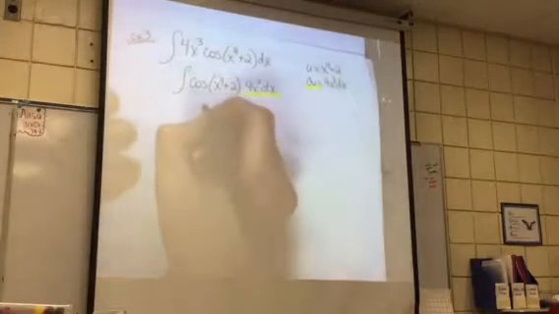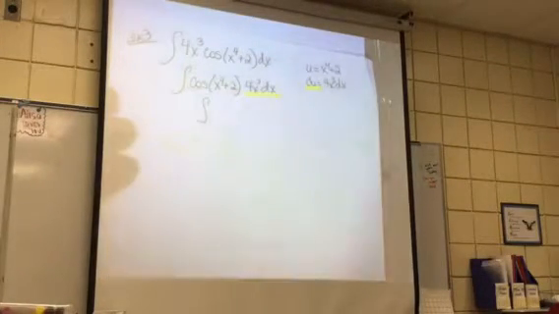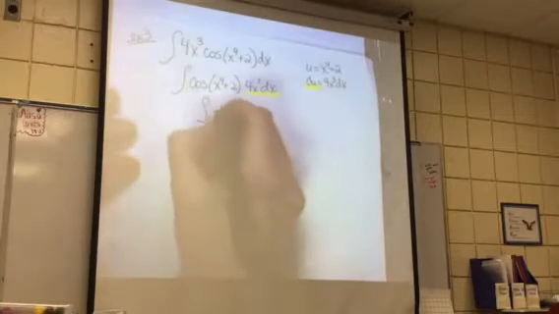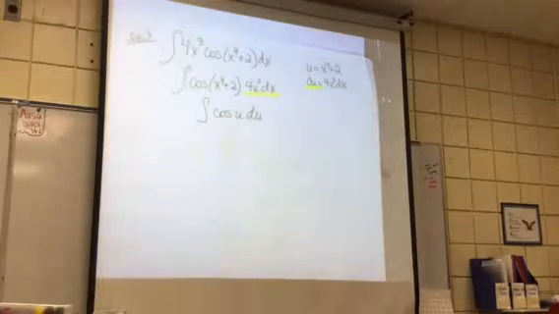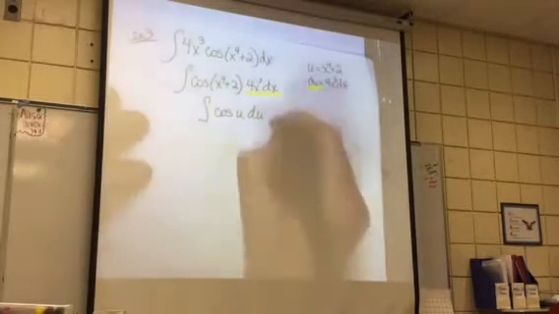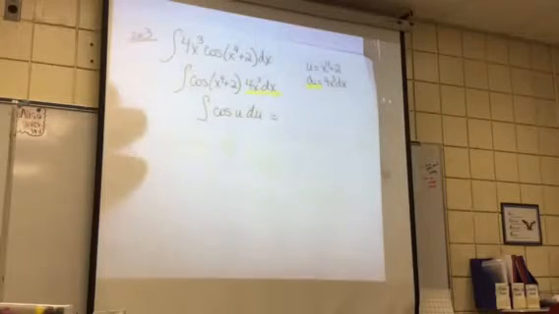So I can now do a u substitution. I'm substituting u in for a more complicated function. Cosine of u du. Should you be able to integrate that quickly? Yes. Sine u plus c.